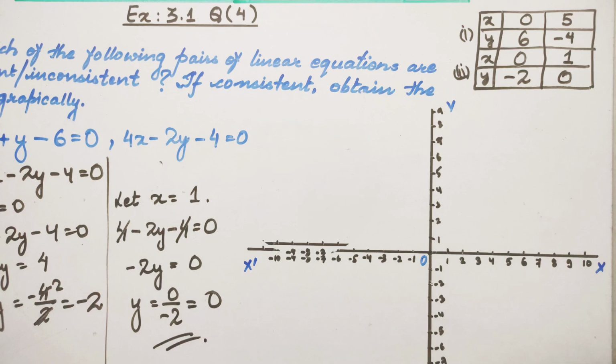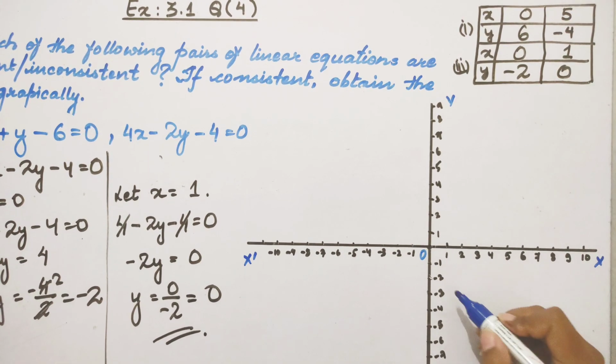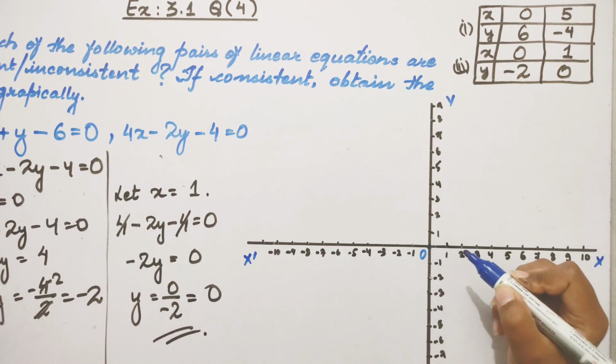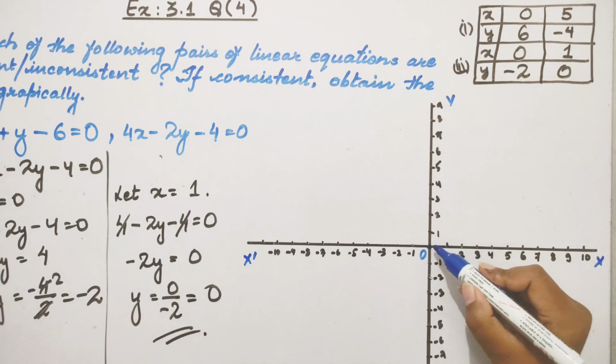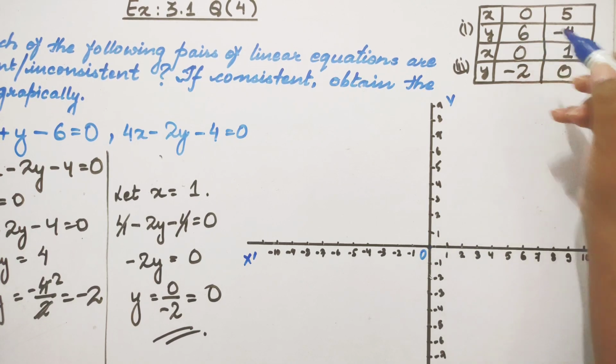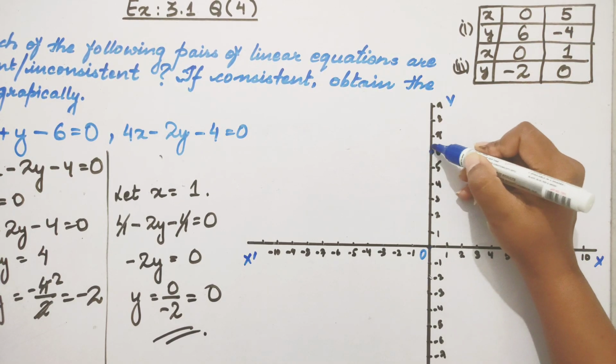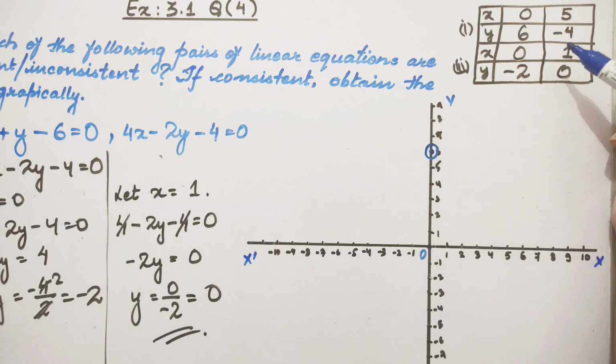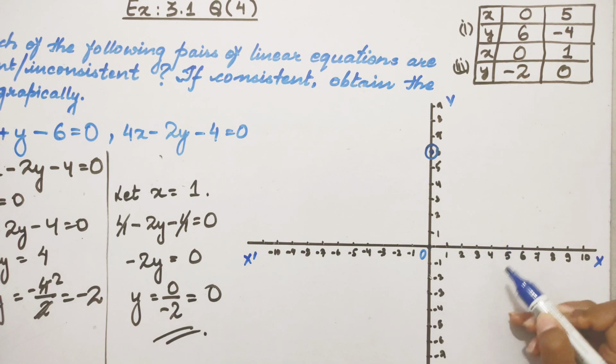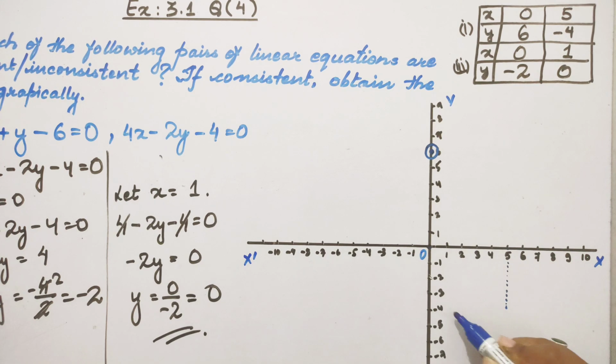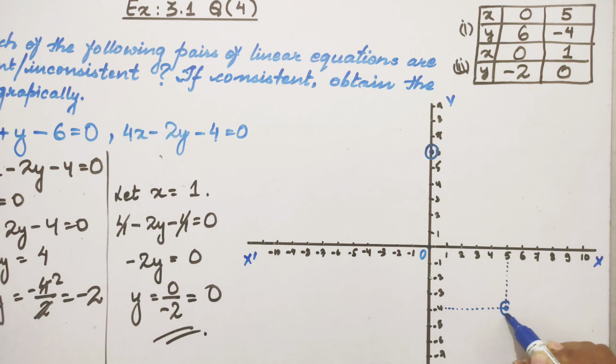Now let us plot. When x is 0, y was 6. So we will point this. And when x was 5, y was minus 4. So when we plot this, we will get this point.